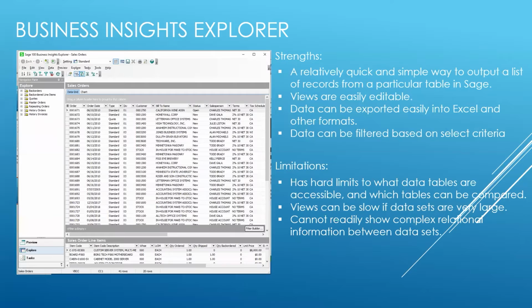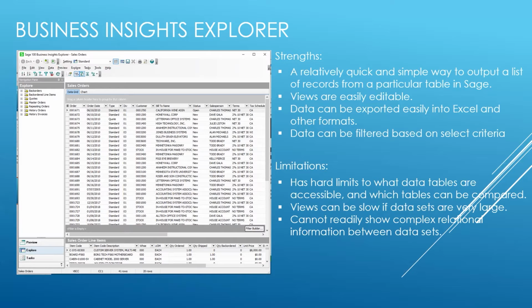Another option for reporting is Business Insights Explorer, which is a built-in application in Sage 100 that can gather data from various data tables within Sage. It's a relatively quick and simple way to output a list of records from a particular table.